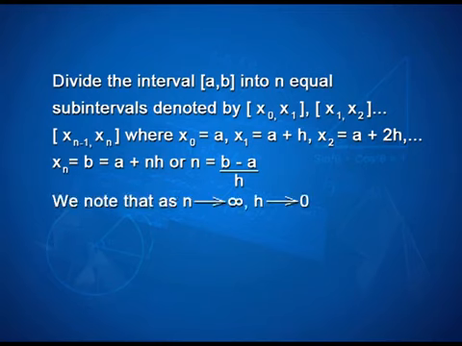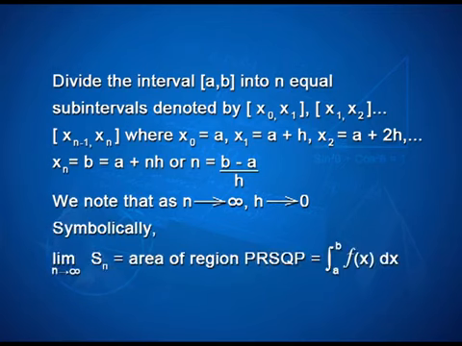We note that as n tends to infinity, h tends to 0. Symbolically, limit n tends to infinity of Sn is equal to the area of region PRSQP, that is equal to the integral from a to b of f of x dx.